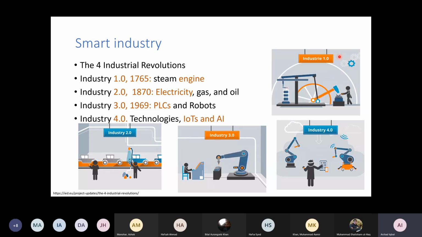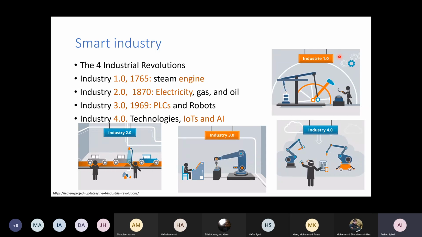After 100 years comes Industry 3.0, which consists of PLCs and robots. If you could see these graphics, you can understand that PLC is in working, and then Industry 4.0 comes, which is basically to get services of technologies, IoTs, and AI to enhance the industrial production and make things easy to go with.